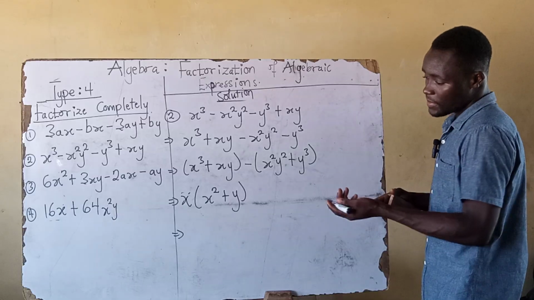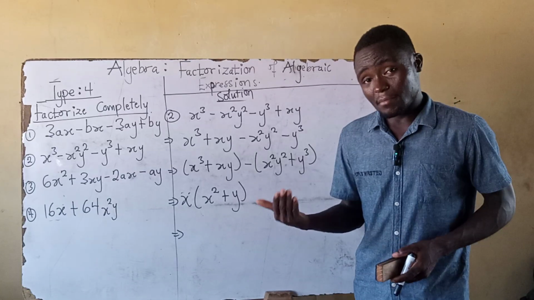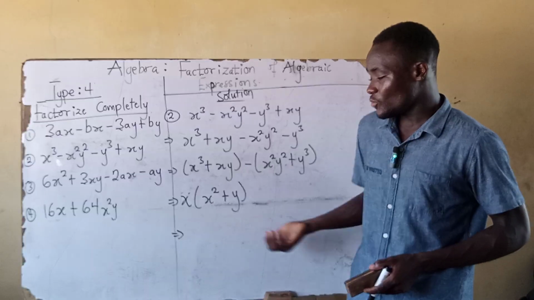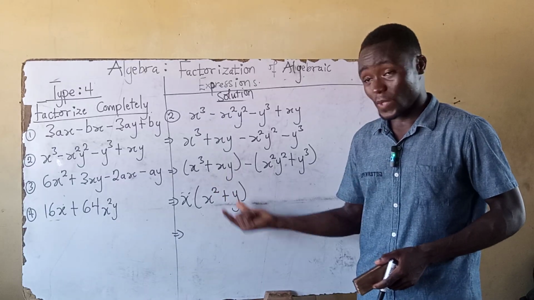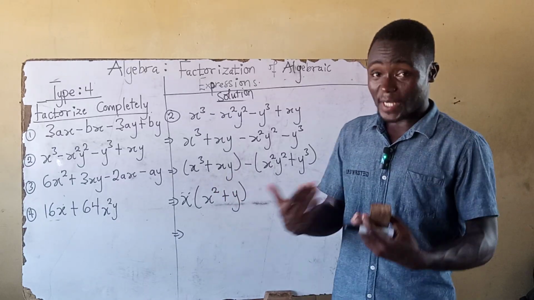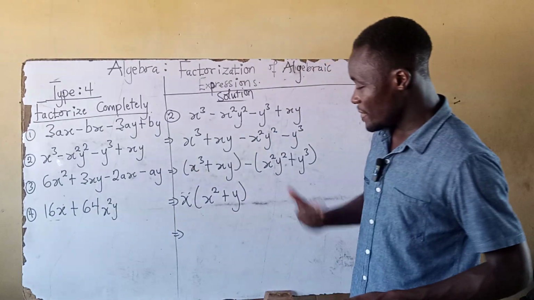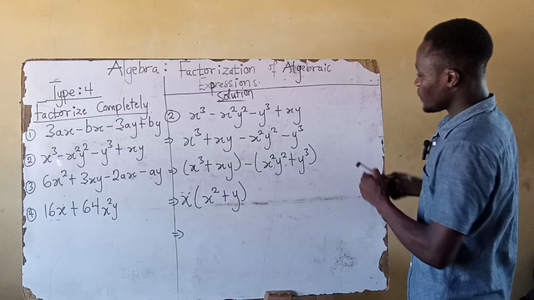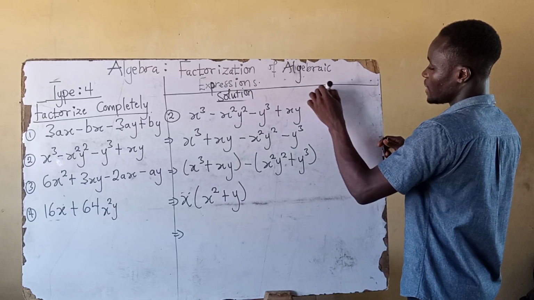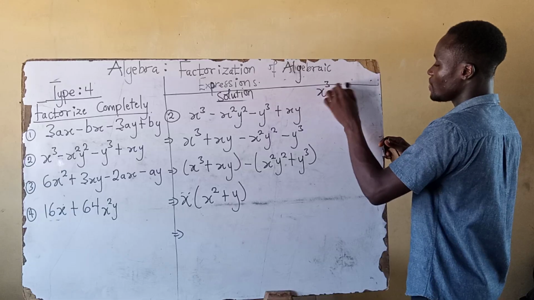Okay. So let's see something here. Maybe someone may not understand how to factorize this x cubed plus xy. So we are going to use what we call the expansion method to explain it so that you understand how we manage to factorize this. We have the expression x cubed plus xy.